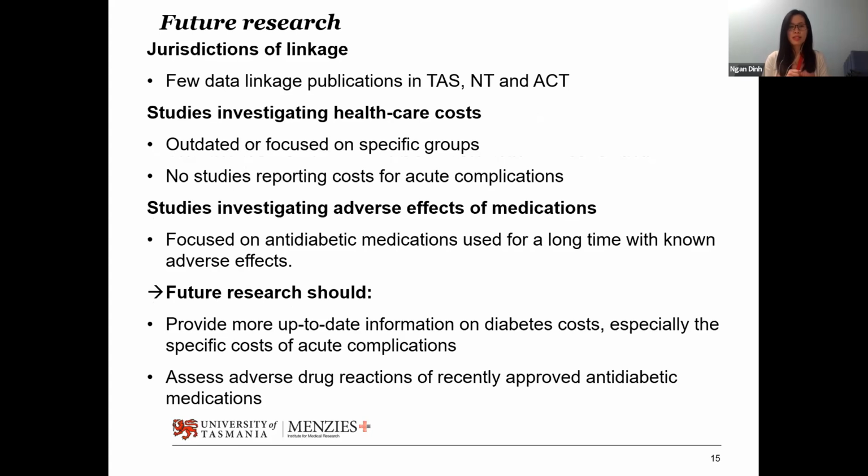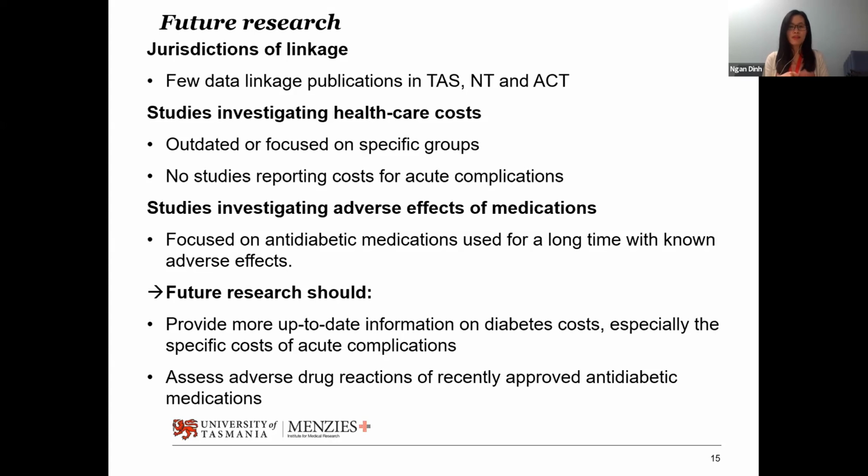In terms of studies investigating healthcare expenditure, they were outdated or focused on specific groups, which couldn't provide a comprehensive picture of the total costs related to diabetes care, and there were no studies reporting costs for acute complications.